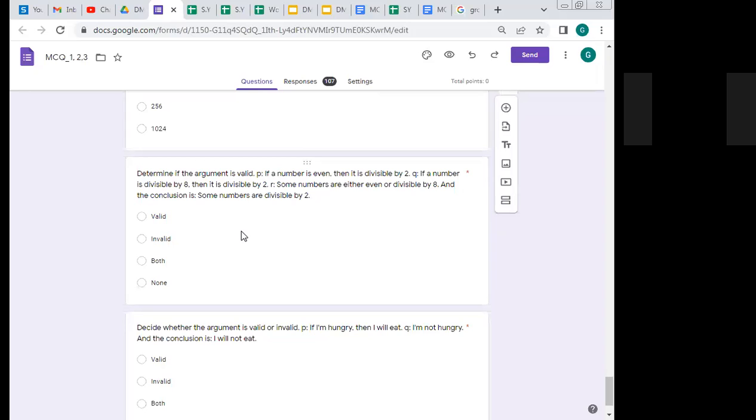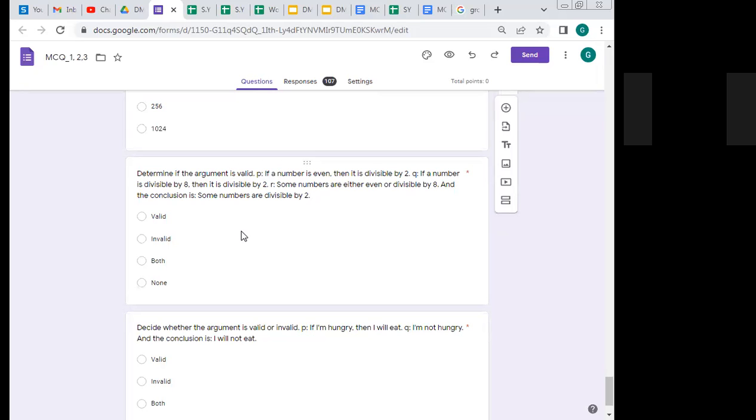For solving on paper, you can change the names of propositions. There is no issue in that. You can take: a number is even, then it is divisible by 2. A number is divisible by 8, then it is divisible by 2.